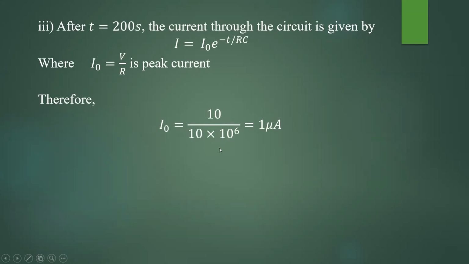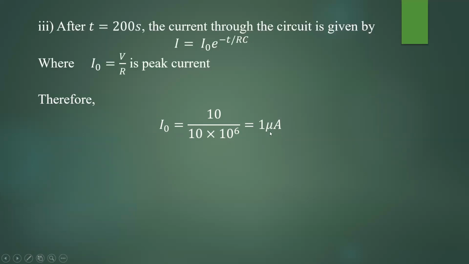If you calculate this value, this 10 gets cancelled. This 10 to the power plus 6, if you take it to the numerator, it will become 10 to the power minus 6. 10 to the power minus 6 means micro. Therefore, the answer will be 1 microampere. The peak current in the circuit is 1 microampere.